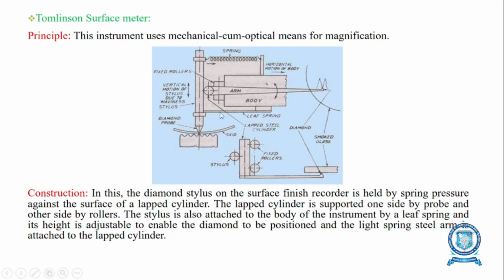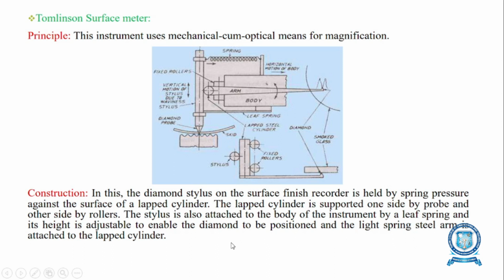The lapped cylinder is supported on one side by a stylus and on the other side by rollers. The stylus is also attached to the body of the instrument by a leaf spring, and its height is adjustable to enable the diamond probe to be positioned.